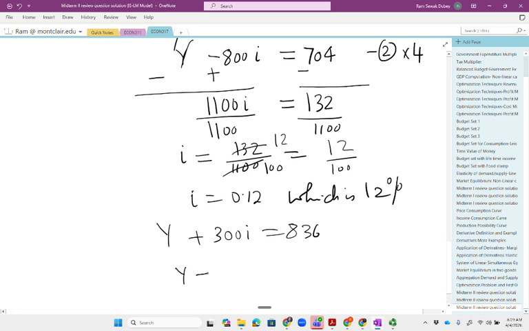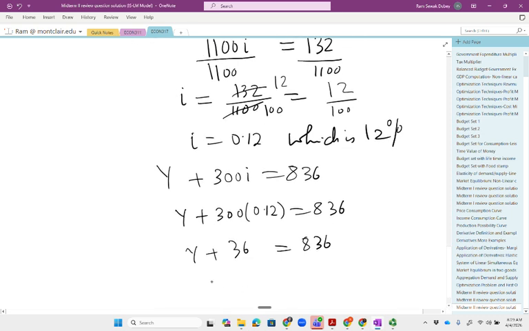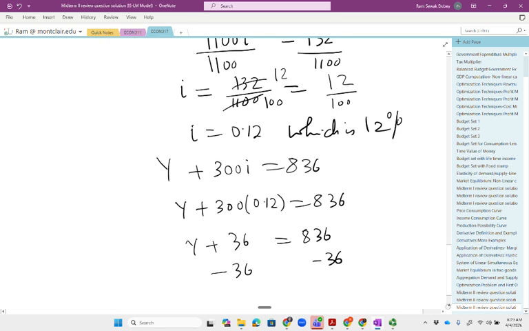So y plus 300 times 0.12 equal to 836, or y plus 36 equal to 836, which means I subtract 36 from both sides to obtain y.